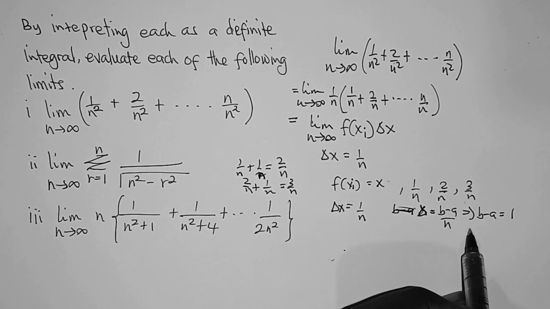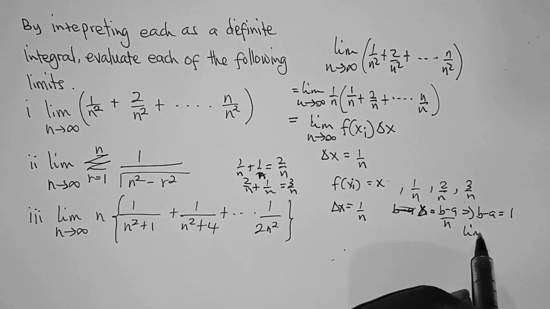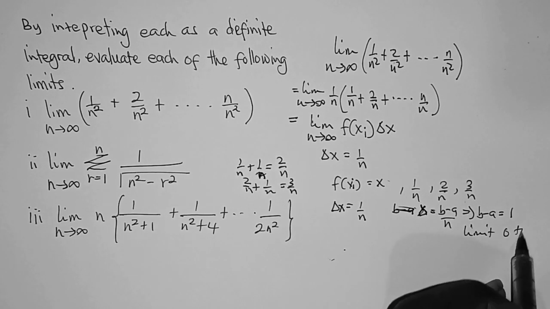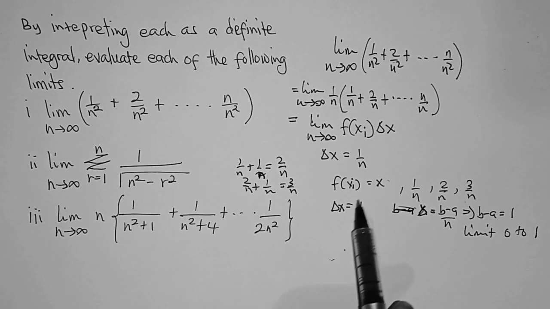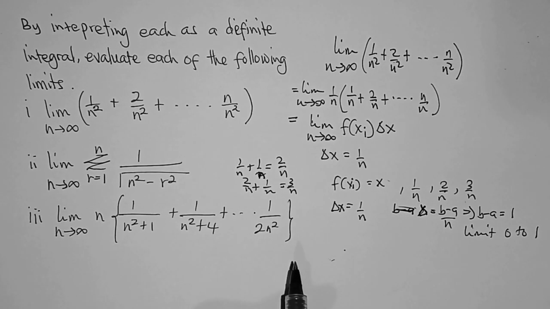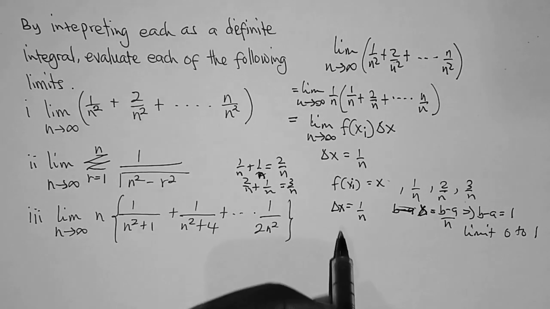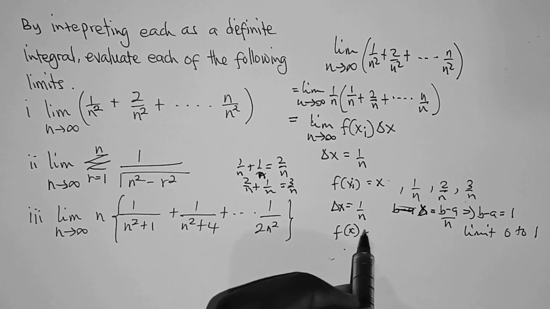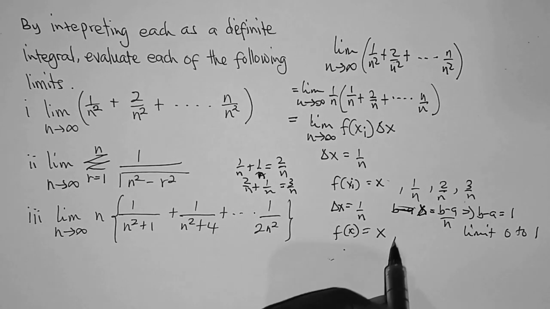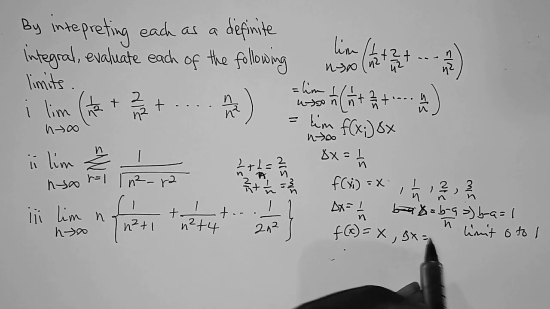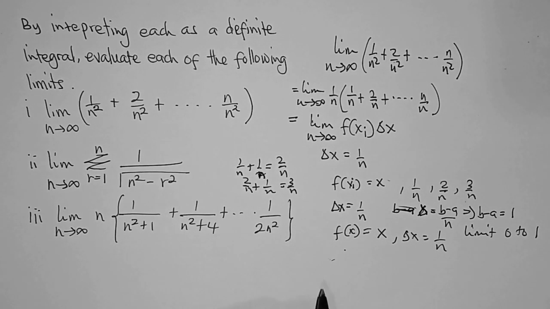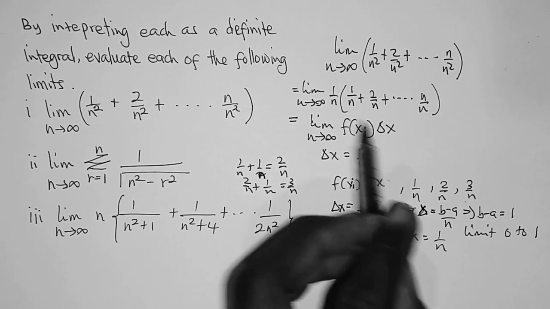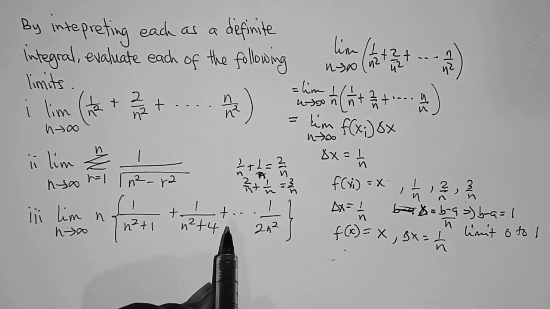So we are taking the limit from 0 to 1, because 1 minus 0 is 1, divided by n, gives us back 1 over n. Now you know that f of x, the function, is x, delta x is equal to 1 over n, and the limit is from 0 to 1. So we can transform all of this into an integral.